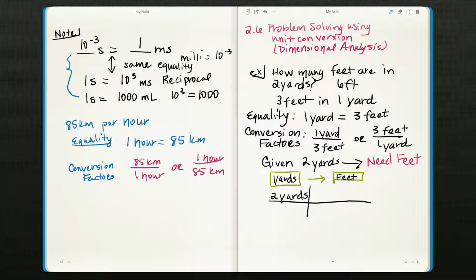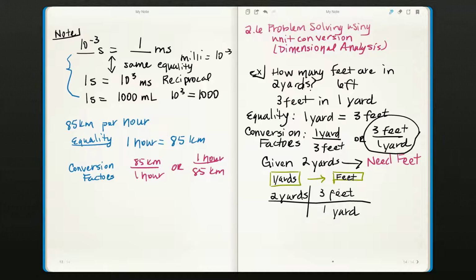So you have yards. So you need yards in the denominator on the bottom. But this is so that your units will cancel. So it's just like when you divide in math and you can cancel numbers that are on top and on the bottom. So you're going to write 1 yard here and then 3 feet. So you see that this right here is the conversion factor that we wrote here.